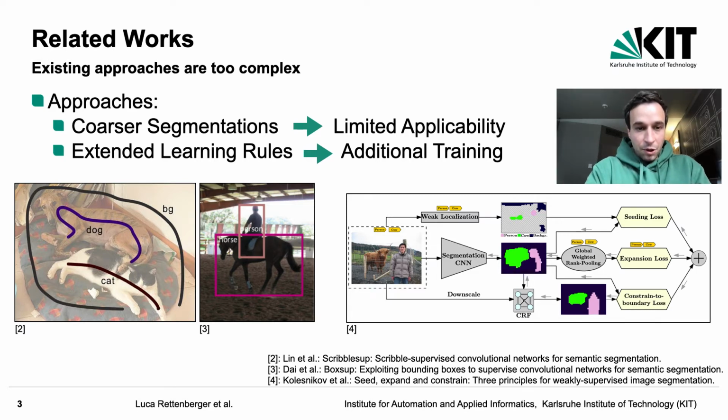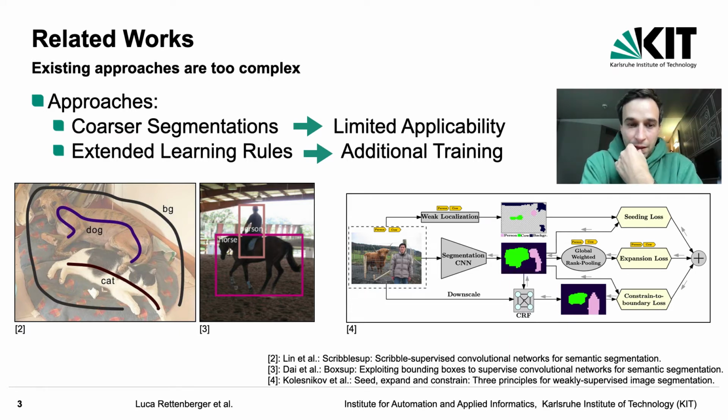One approach is to require coarser segmentations. What does that mean? Well, if you look at the bottom left image, this is a summary of the approach called ScribbleSub. In ScribbleSub, the approach is to not require full segmentation masks for annotation.